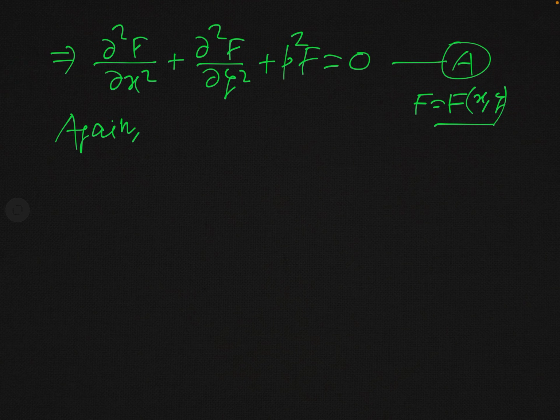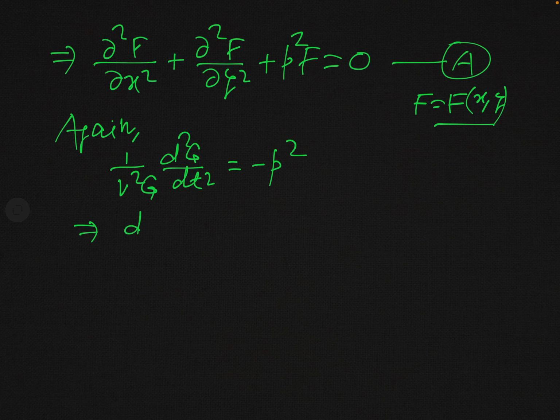So again you can write 1 over v square times g d2g by dt square equal to minus p square, and from here you can see d2g by dt square plus v square p square g is equal to 0.